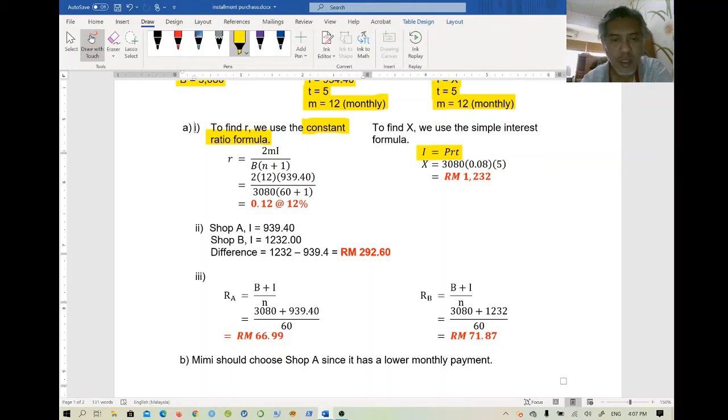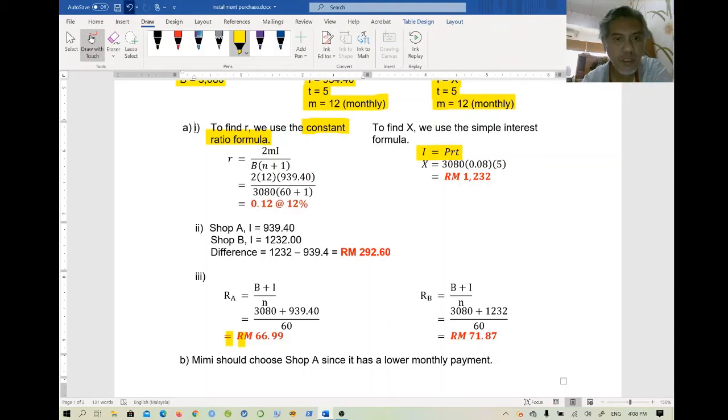So substituting the correct values into the formula for shop A, you have 3080 plus 939.4 divided by 60. You have the monthly payment for A equal to 66 ringgit and 99 cents.